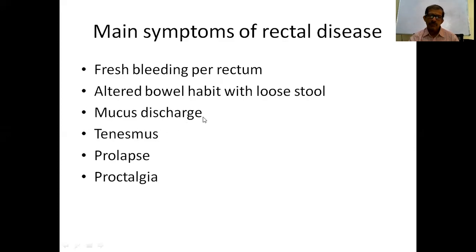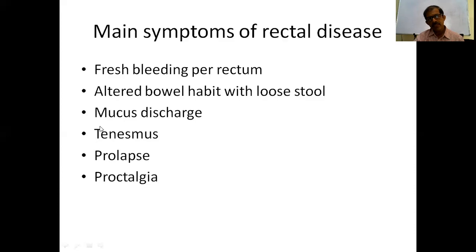Then, of course, mucus discharge. We should not take this lightly, because sometimes there may be obstruction, and because of the irritation with the contents, the mucosa of the rectum will secrete a lot of mucus, and that is discharged. Then tenesmus.